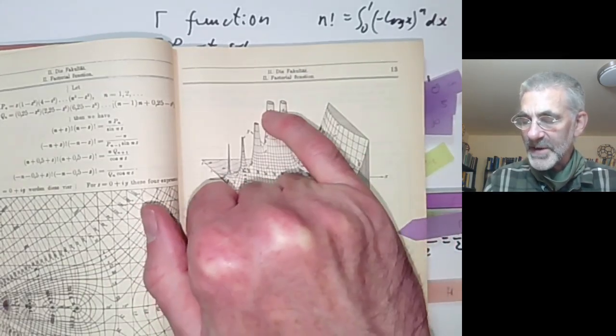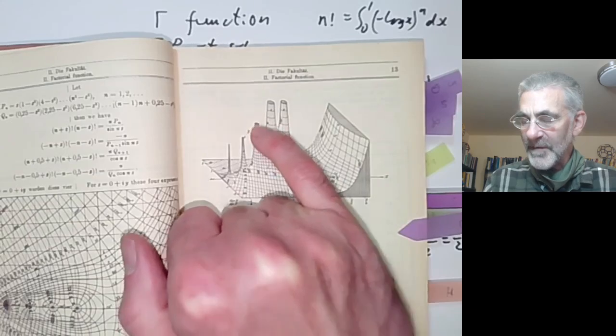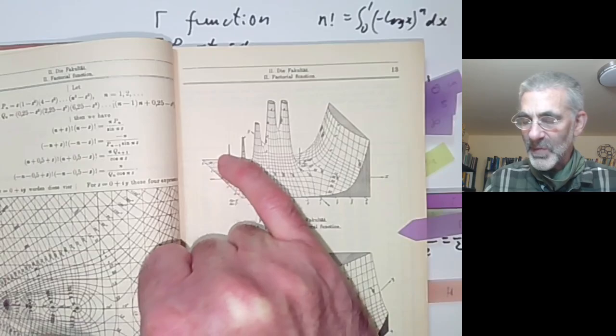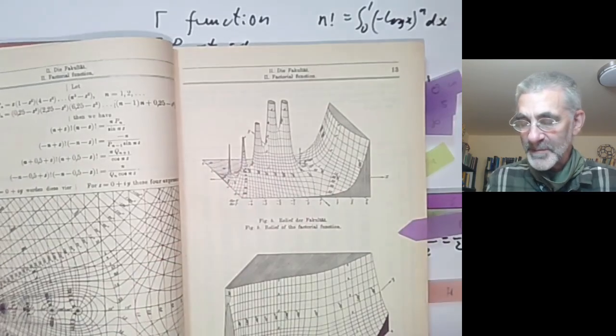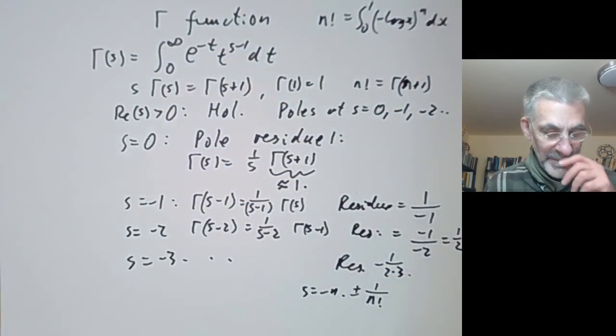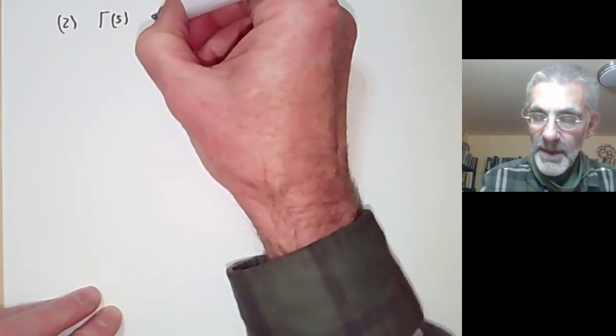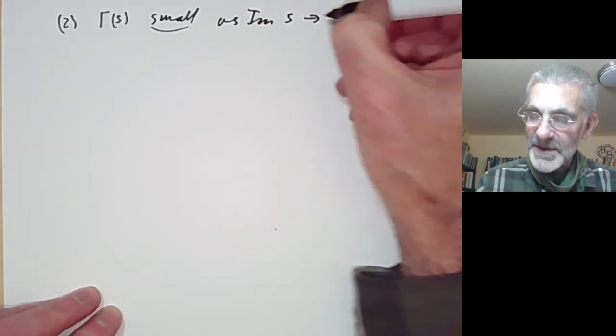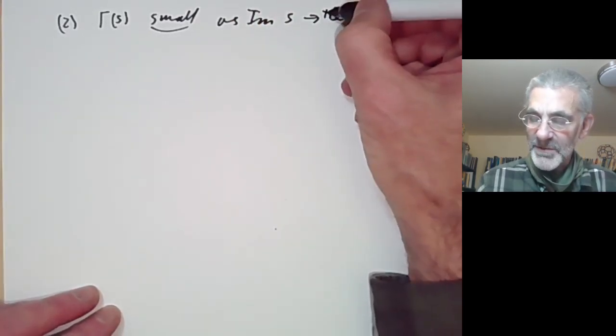Residue is 1 and minus 1 there, and then residue a half, 1/6, 1/24, and you can see that this is causing the poles to get extremely thin. So the next thing to look at is why is gamma(s) small as the imaginary part of s tends to infinity, plus or minus infinity.